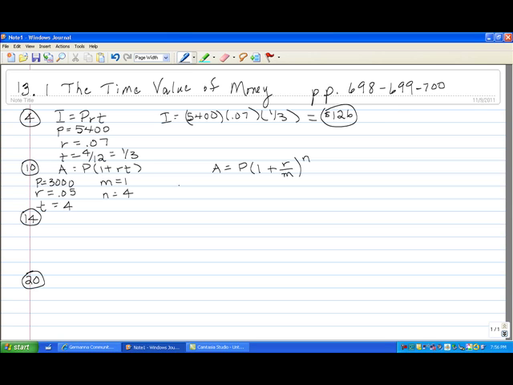So let's do simple interest first. A equals 3,000 times 1 plus 0.05, let's get the right one there, 0.05 times 4. Make that a square bracket.